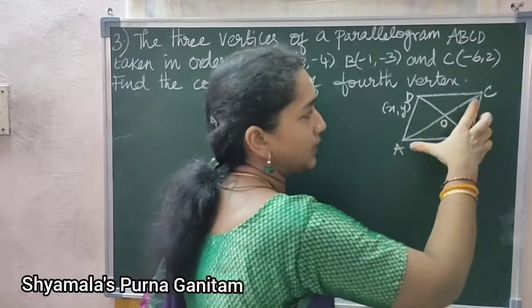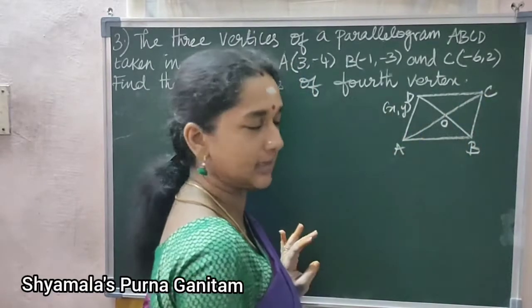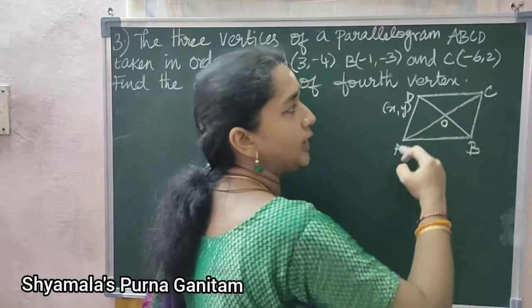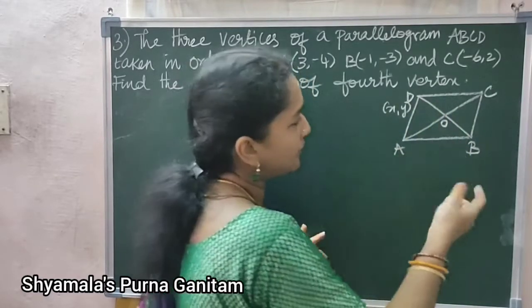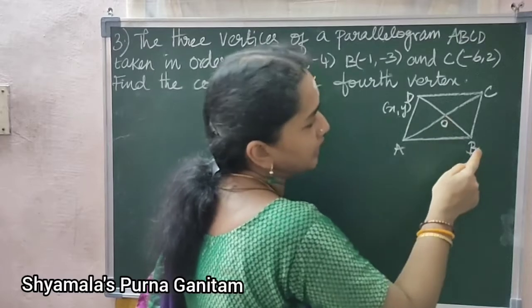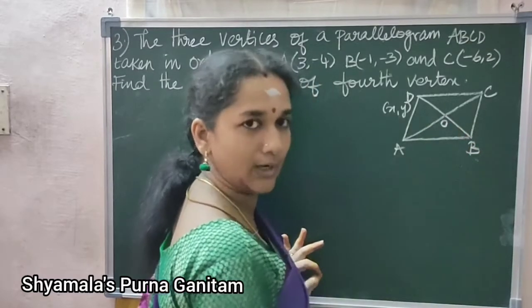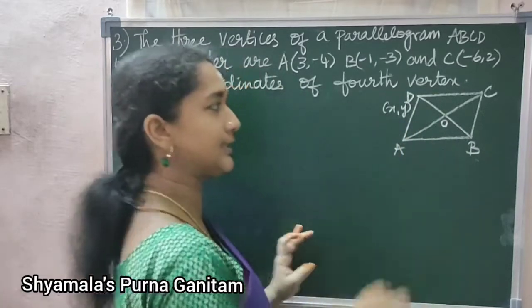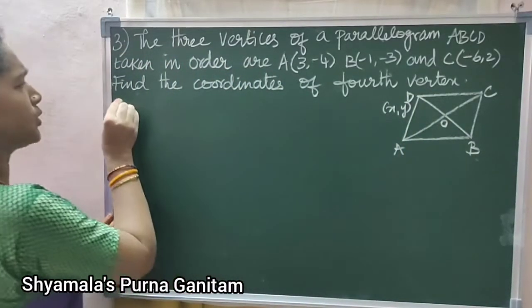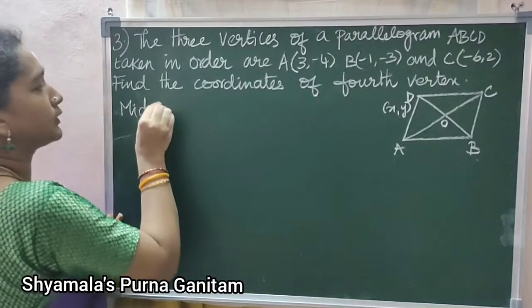So the A and C coordinates are already given. So if you find the midpoint of AC, you will be getting this point. So after that, midpoint is given, one vertex is given. With that, you can find the other one also. Simple sum only.